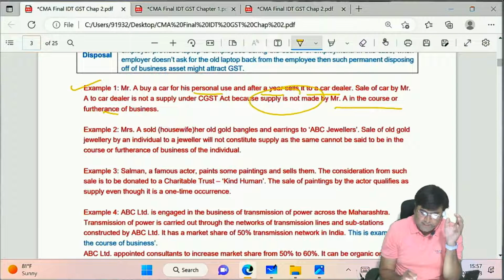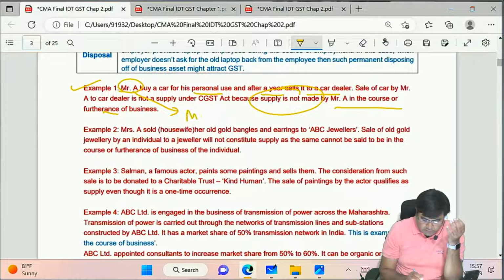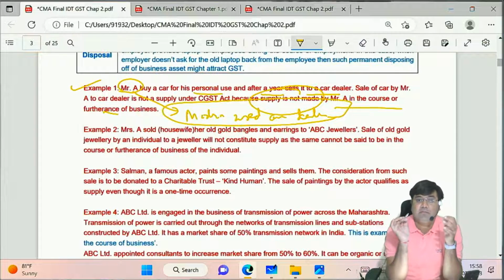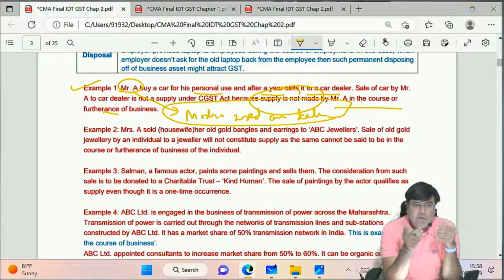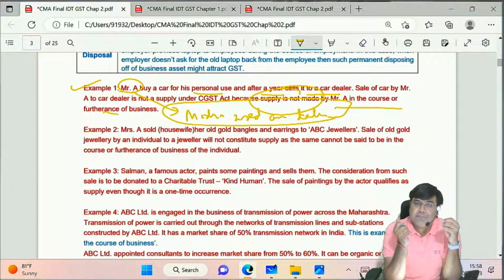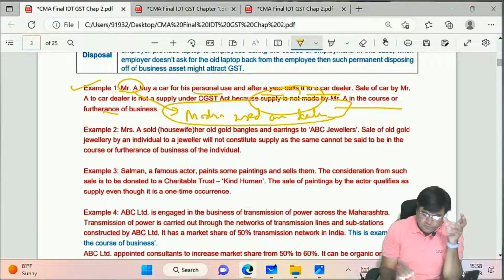Okay. But let's say rather than Mr. A, I replace him with a modern used car dealer. Now a modern used car dealer deals in the used car business. So the modern used car dealer bought an old car from Amit Jain, and is now selling it to another person.